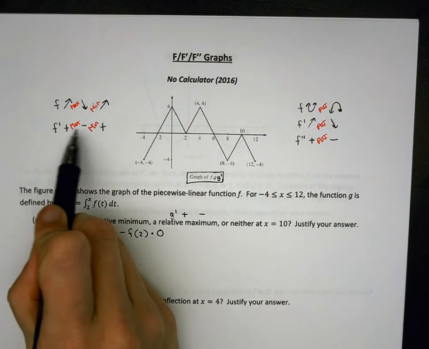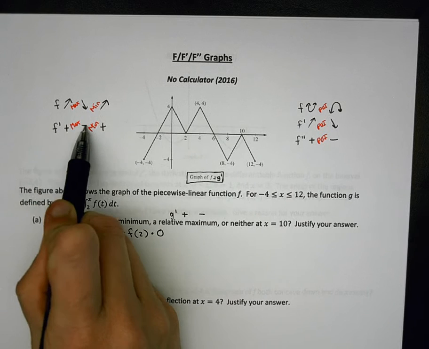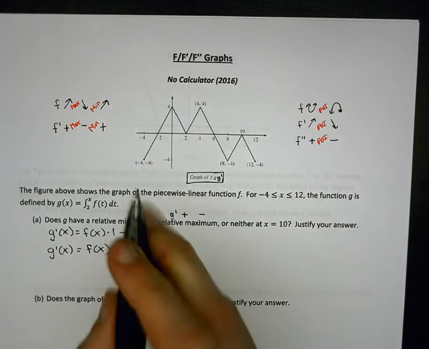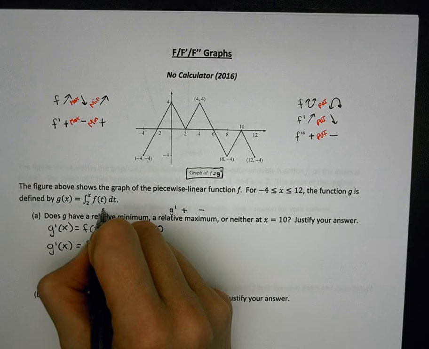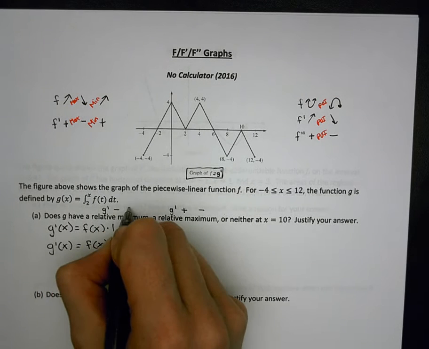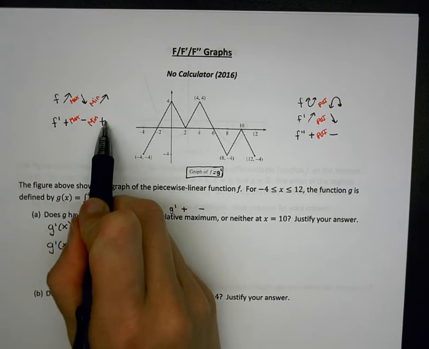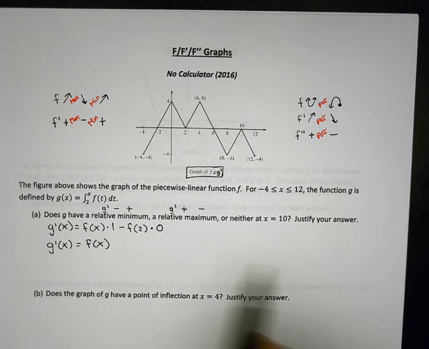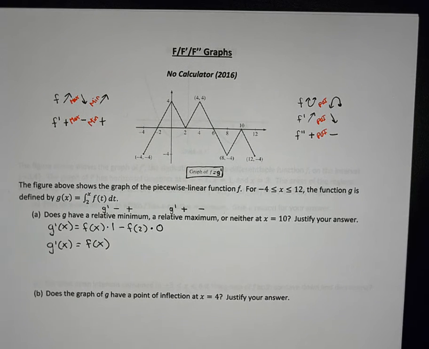That's what we wrote here, right? Maximum, the derivative needs to change from positive to negative. For g to have a relative minimum, its derivative needs to change from negative to positive. Right? Minimum would be negative to positive switch. And then neither, you wouldn't see either of those happen.